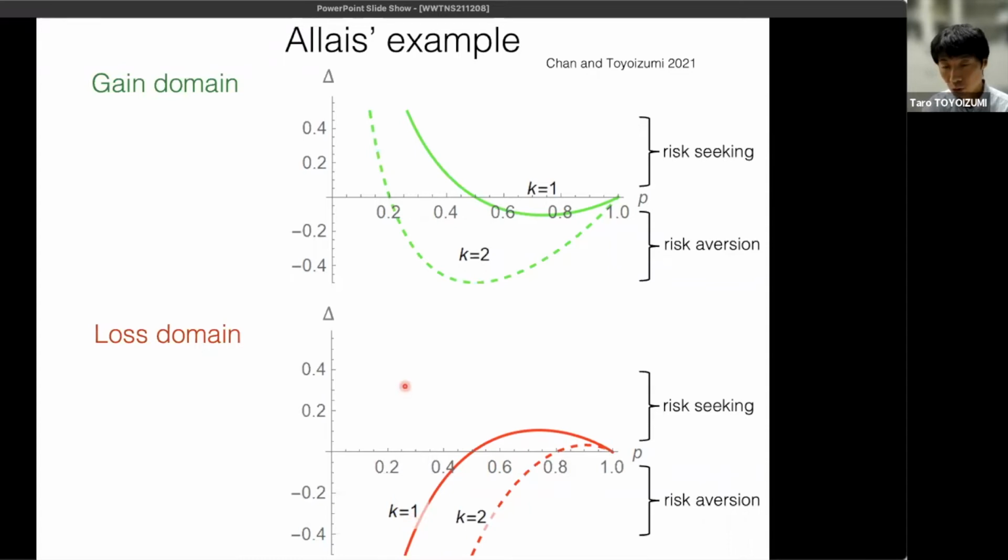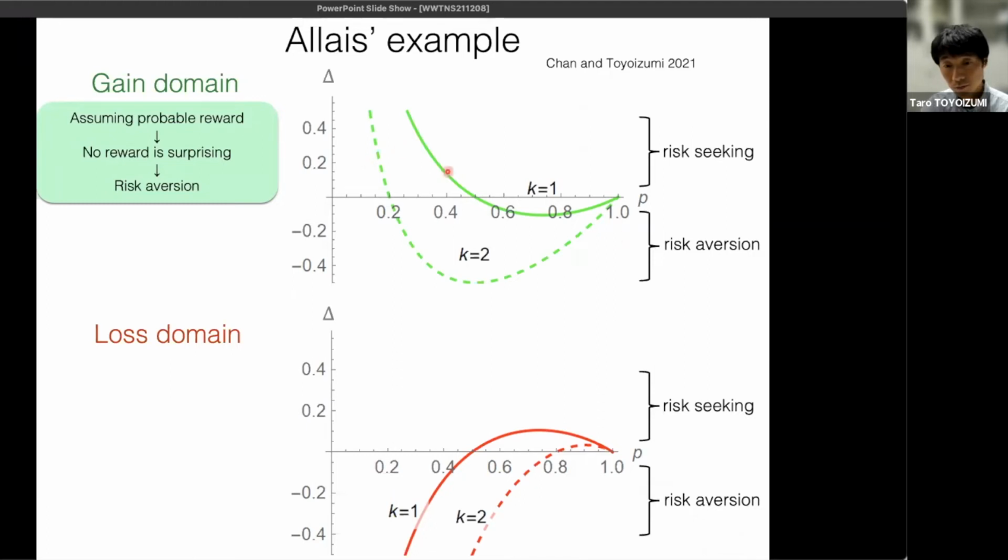So both prospect theory and our model get these basic features correct, but by very different mechanisms. And I will explain the mechanism by which the surprise model explains this.